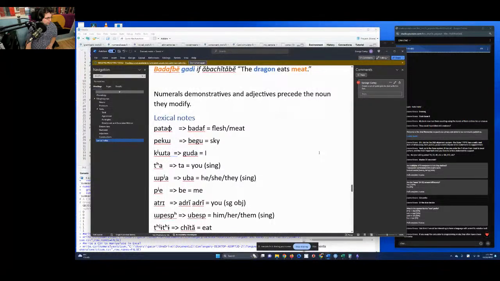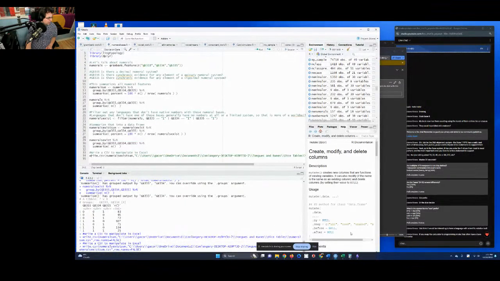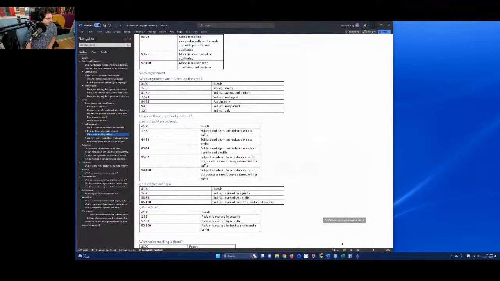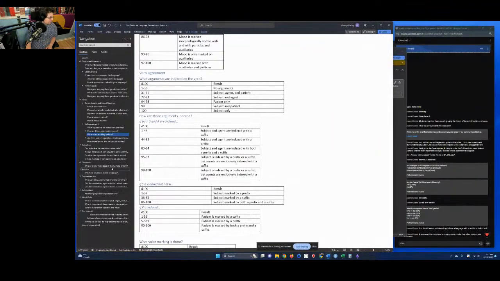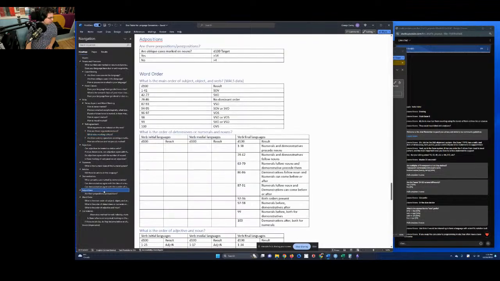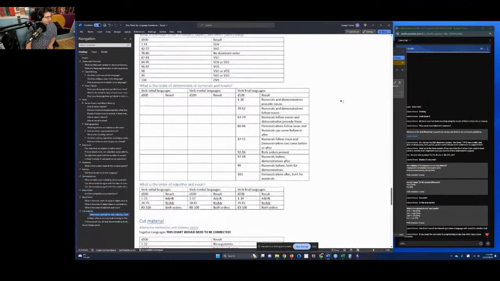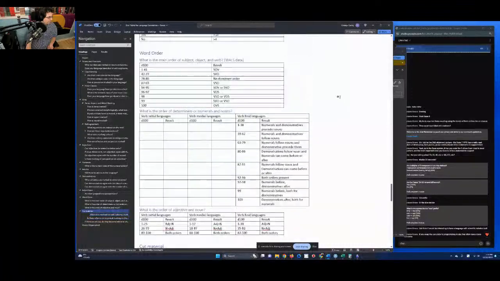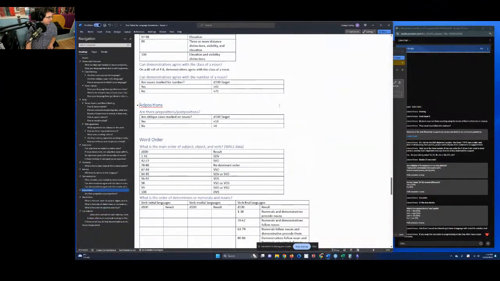And for our roll, since I keep not doing this roll, I only have this for adpositions. I'm going to have to make a table for preposition, postposition to decide what I'm doing with that.